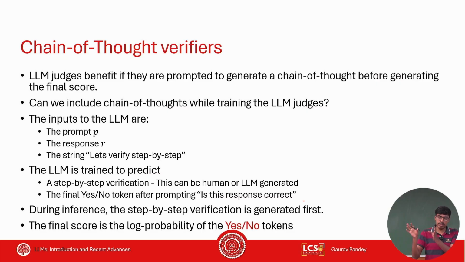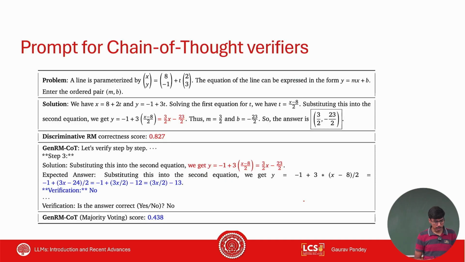We assume that the verification string comes from somewhere, and you will train the model to generate it, and also to generate whether the final answer was correct or incorrect. When you do inference, you will first generate the step-by-step verification, and then look at the log probability of the yes or no token to give a score to the response. This is what the prompt for chain of thought verification looks like.